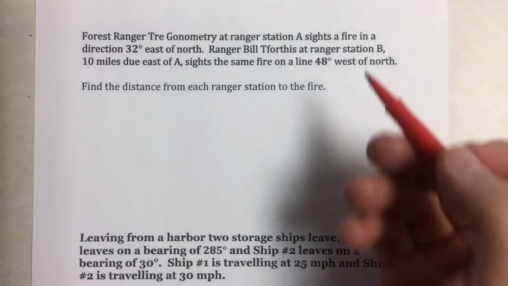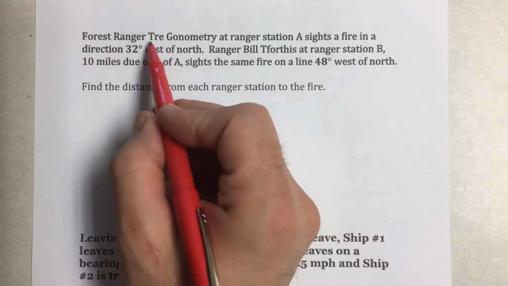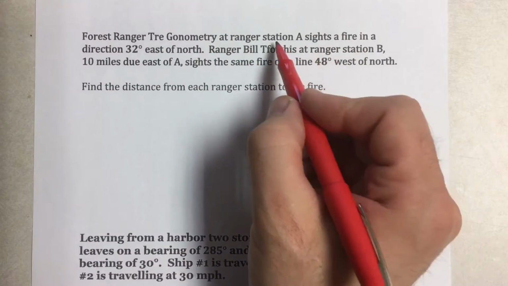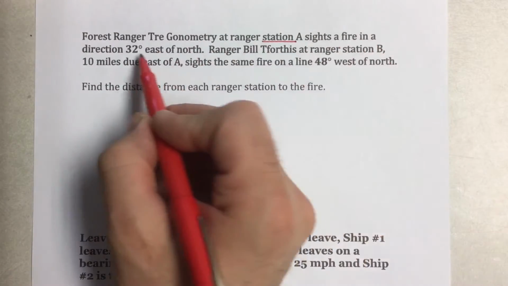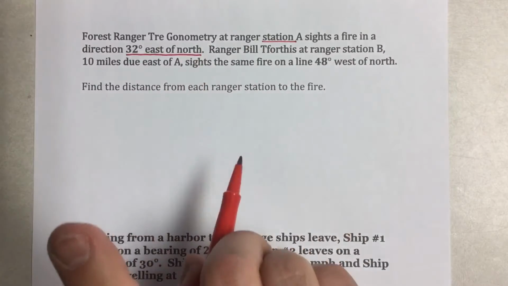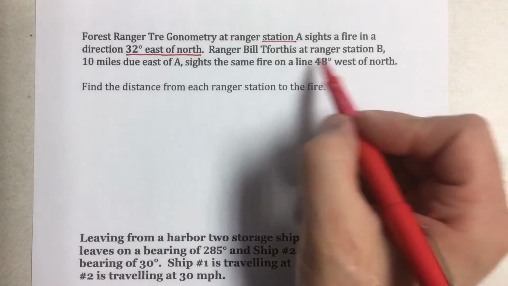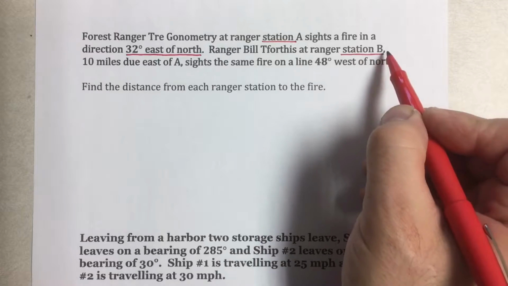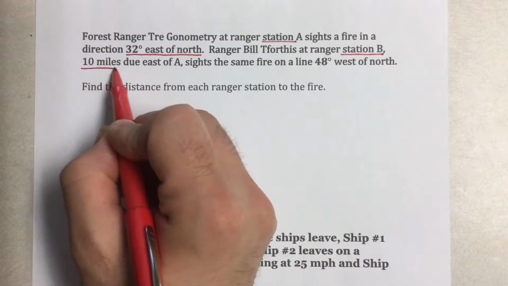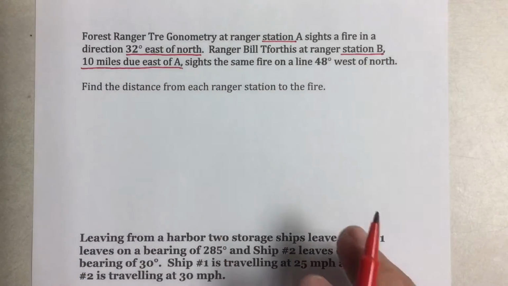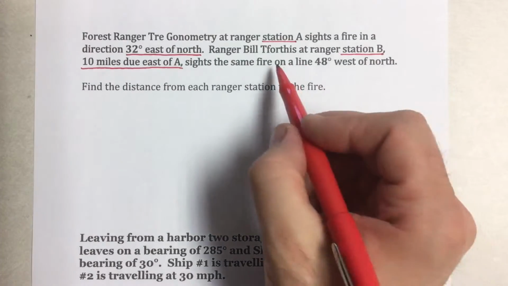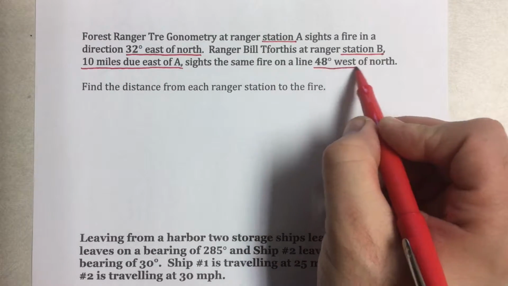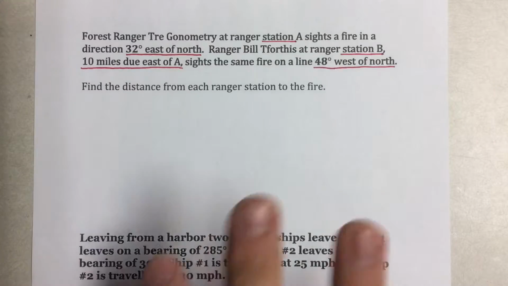So a couple of things from this. We are told that at Station A, he sights the fire at 32 degrees east of north. Then, at Station B, that is 10 miles due east of A, its line of sight is 48 degrees west of north. So we were given three things.